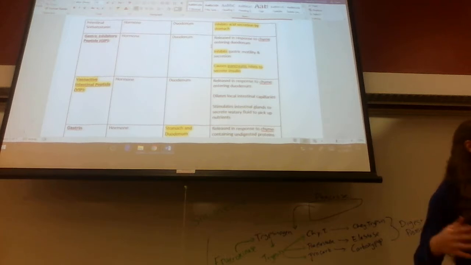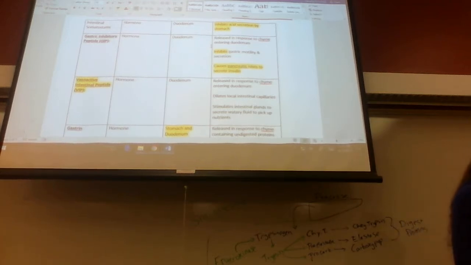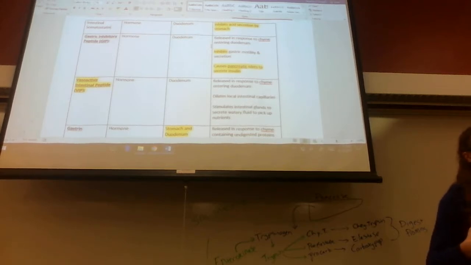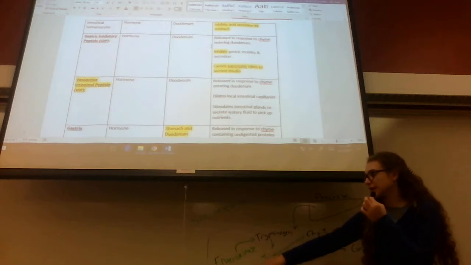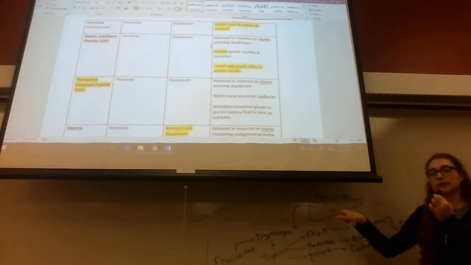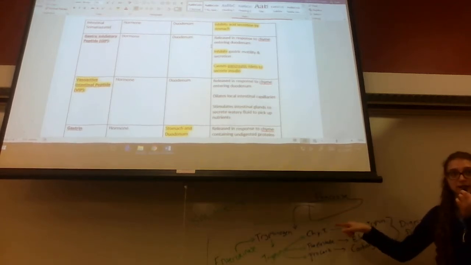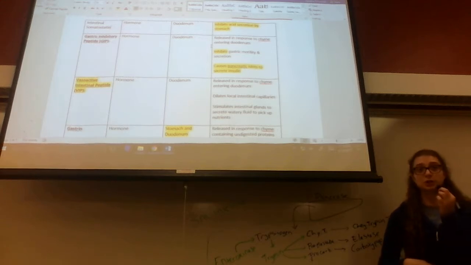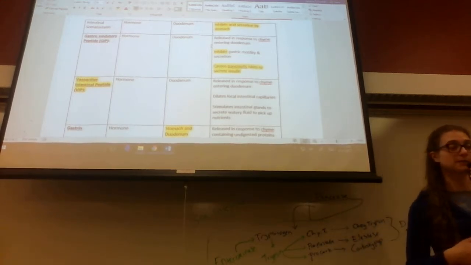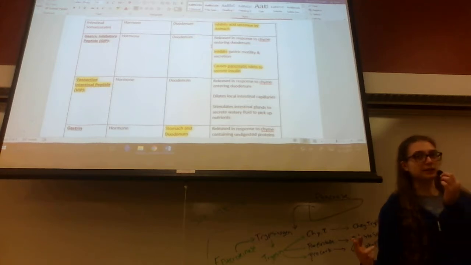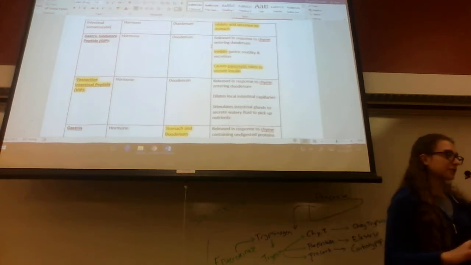When you eat chocolate, your body doesn't know it until GIP goes. So when chocolate's inside your intestine, GIP will go from your intestine to the pancreas and tell the pancreas to secrete insulin because, hey, there's sugar in the body. You need to start producing insulin. So just know GIP and insulin have a connection.